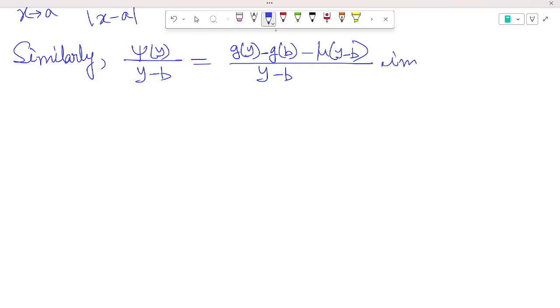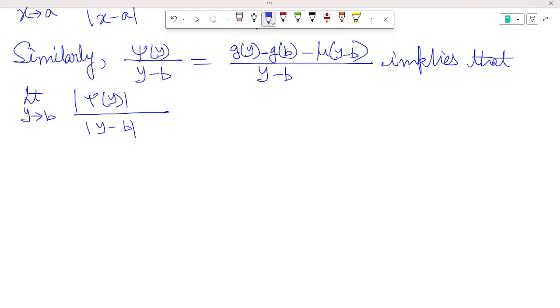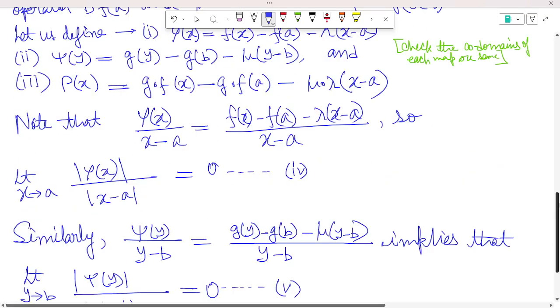Similarly, this implies that the limit as y tends to b of the modulus of phi y divided by y minus b is also 0. So we name this as 5.